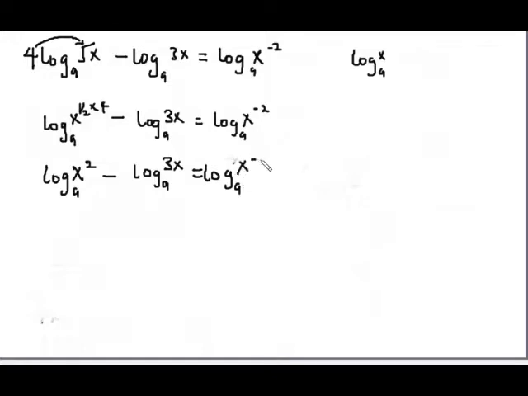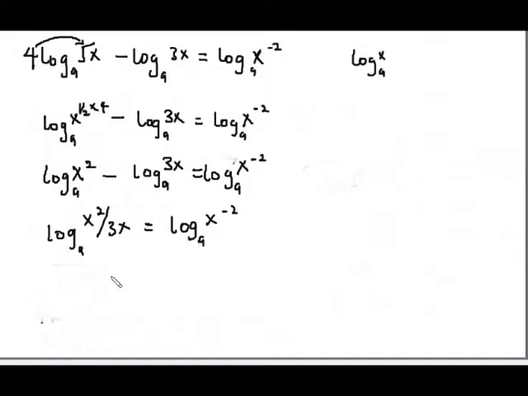So we can now apply the laws. So we have x squared minus 3x, because there's a negative, divided by 3x, and the law implies that you divide two logs that are subtracting. So I have log a of x squared divided by 3x, which is equal to log a of x minus 2.